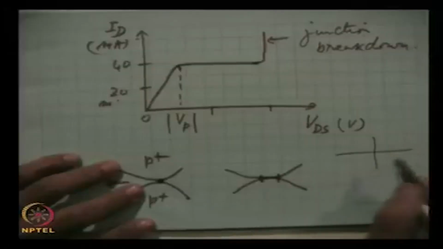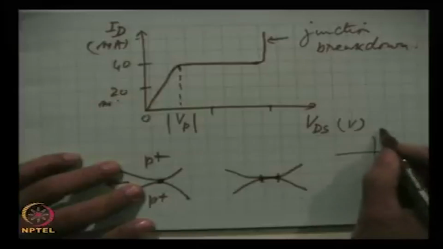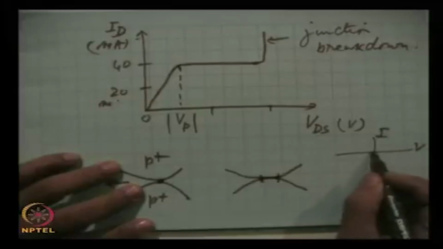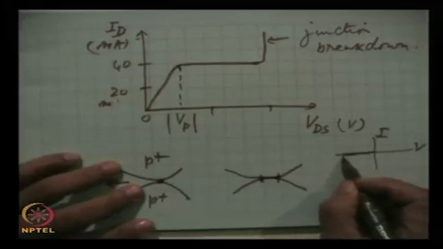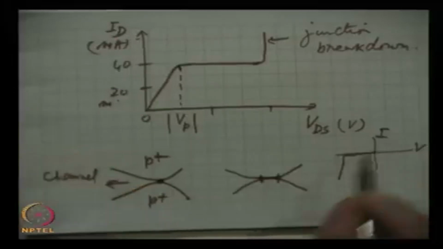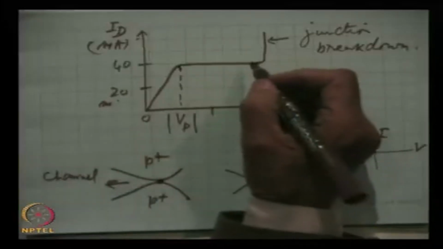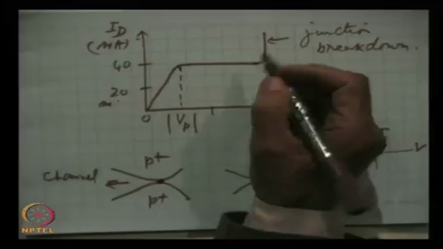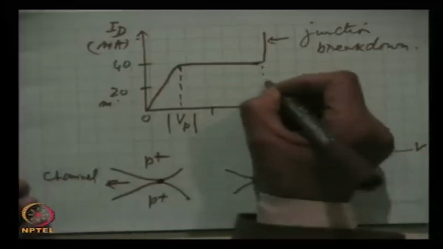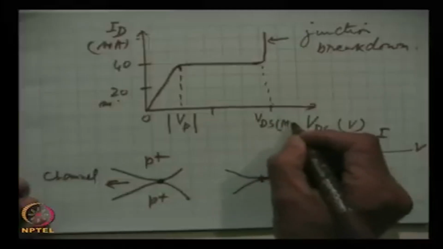You remember the IV characteristics of a PN diode, this is I, this is V, this is the very small current, and suddenly the current increases. This is the breakdown region. The same thing happens here, and this voltage is called VDS max. Max means maximum.